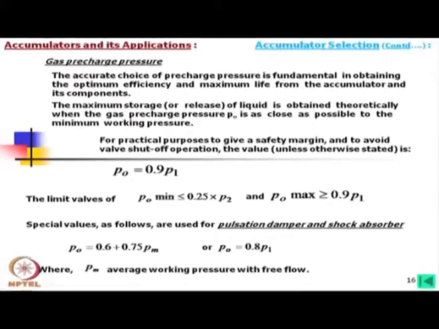Where Pm is the average working pressure with free flow. This free flow means that there is no restriction over the flow from the accumulator.